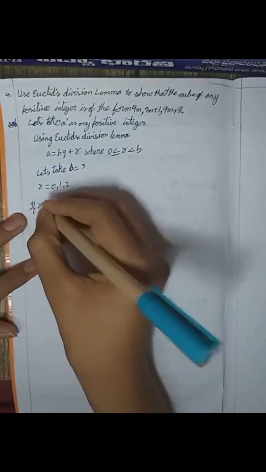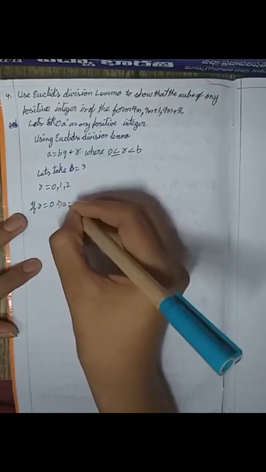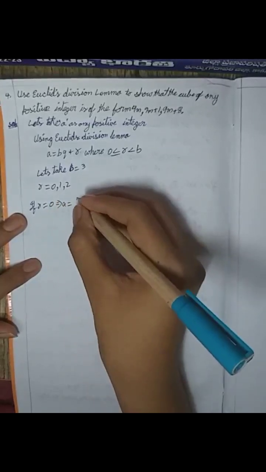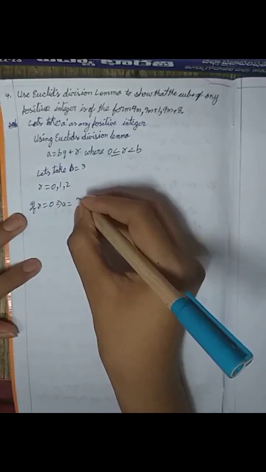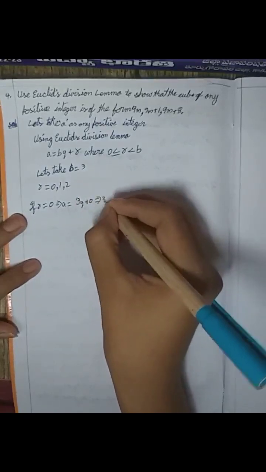If r is equal to 0, a is equal to 3q plus 0, which is equal to 3q.